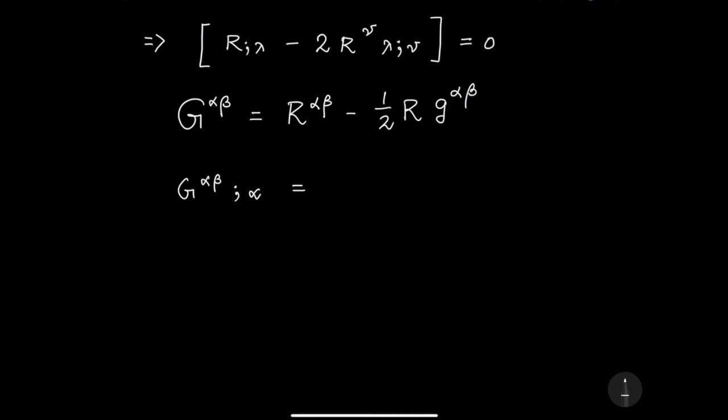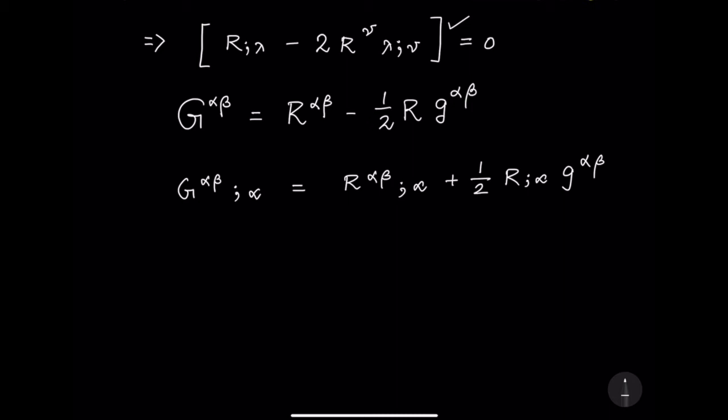This is our alpha beta semicolon alpha plus half R semicolon alpha G alpha beta, which I will get if I just multiply a G with this expression.